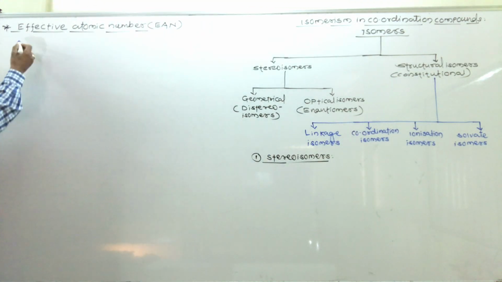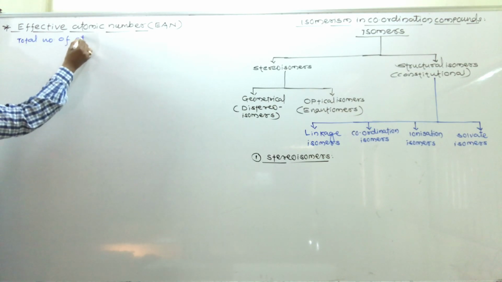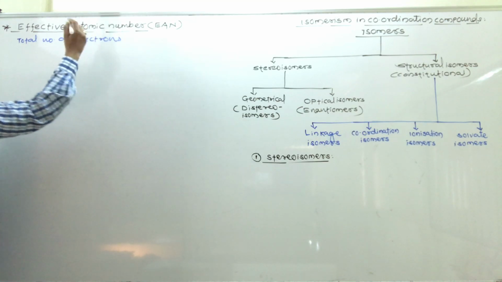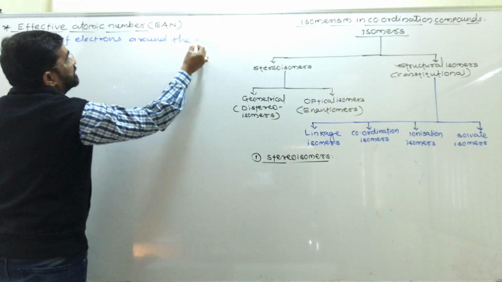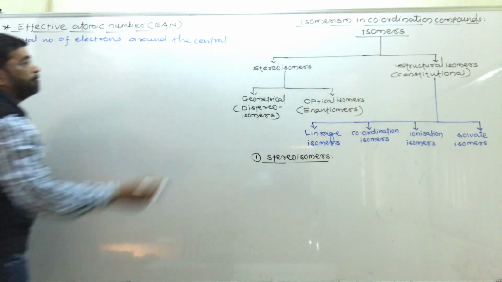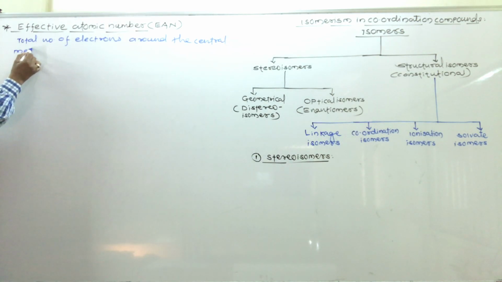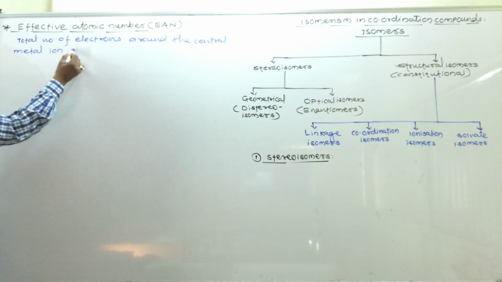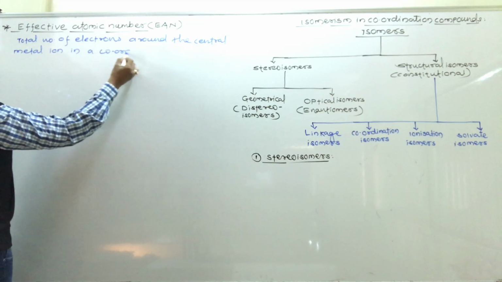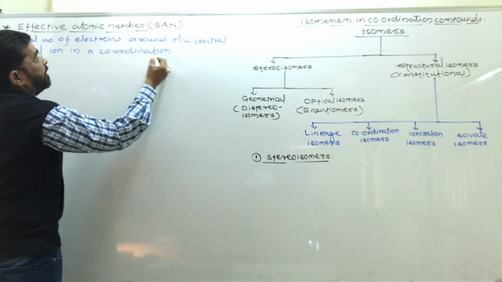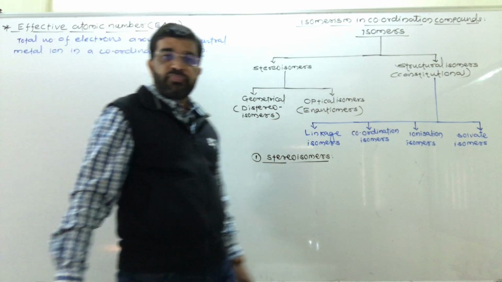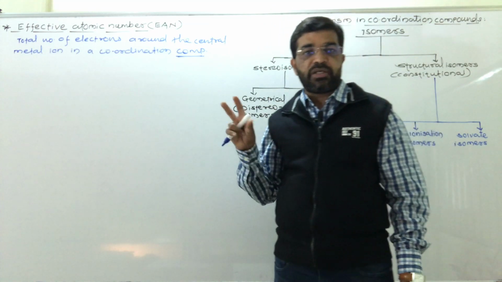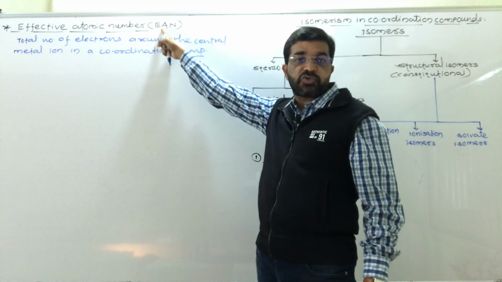So what is effective atomic number? See, first of all, the total number of electrons around the central metal ion in a coordination complex, in a coordination compound, is known as effective atomic number, which is abbreviated as EAN.